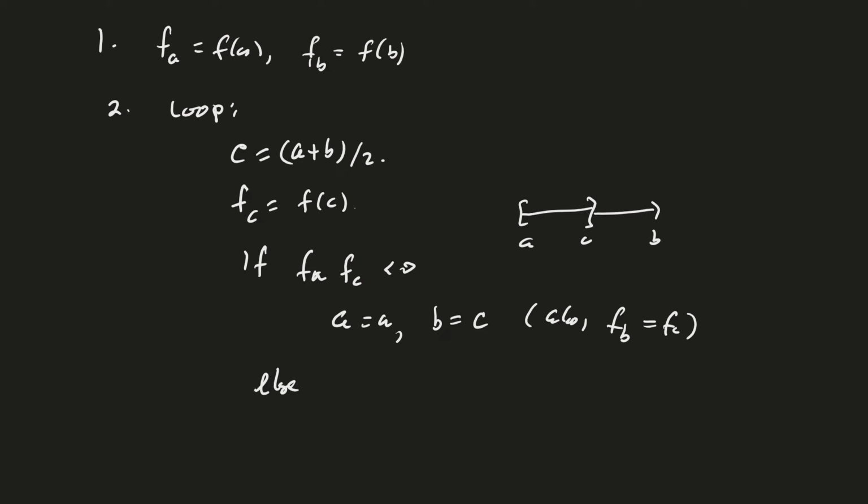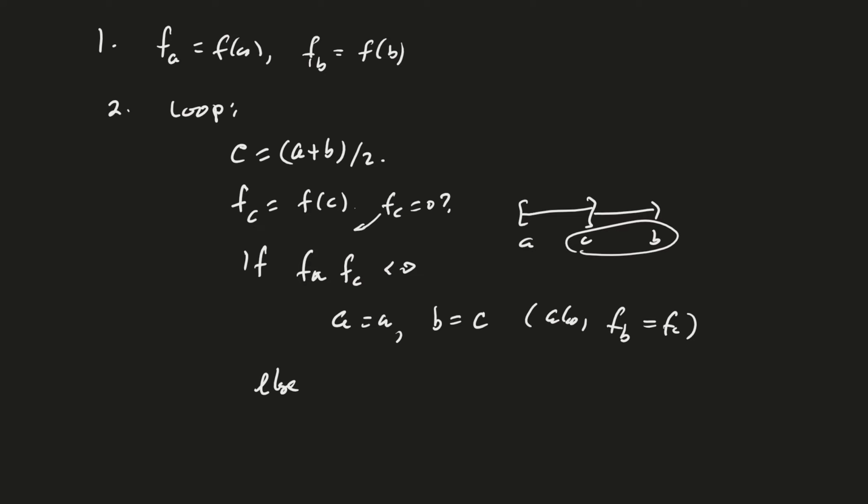Well, I should say there is a slight possibility that f of c is equal to 0, and so you might want to check, because then you would be finished, right? Otherwise, the new interval is the interval from c to b, right?